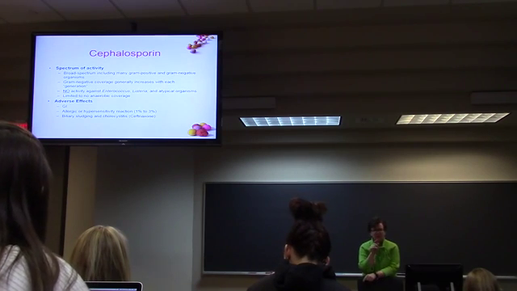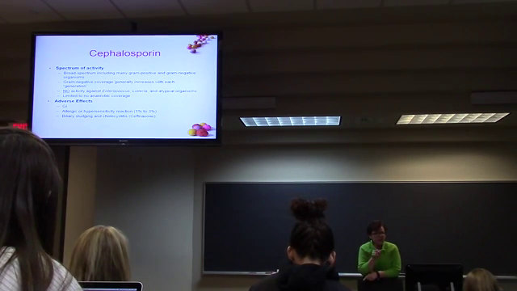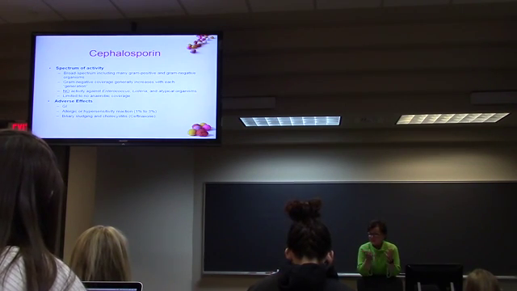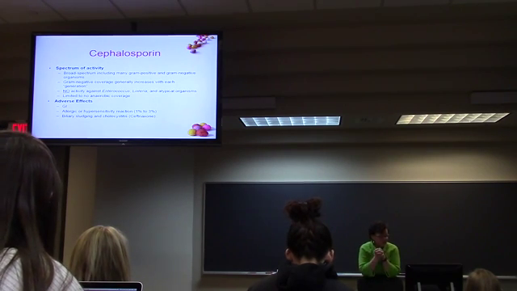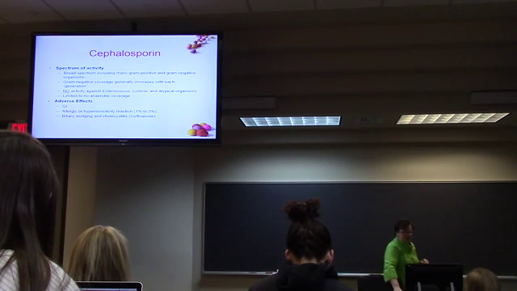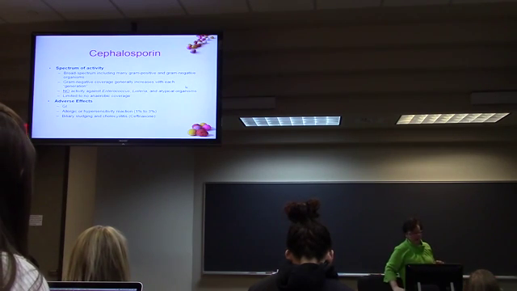So the cephalosporins are very similar to the penicillins. They were developed to address the problems we were having with penicillins, because as soon as we started using them, the bacteria figured out what to do and those drugs became less useful. So the cephalosporins cover gram-positives and gram-negatives.